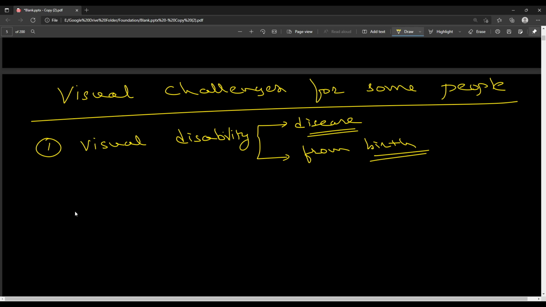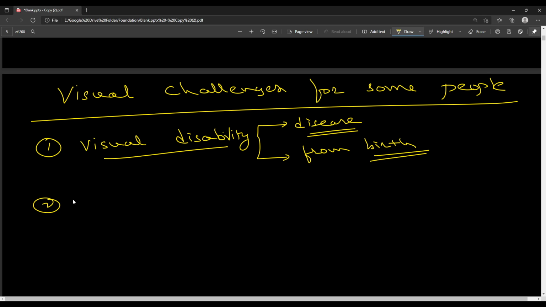Now you have to understand one thing. There are visual aids available. That means we have certain devices which can help people with visual disability, who are either completely blind or partially blind. So we can help them out. What are the names of these devices?